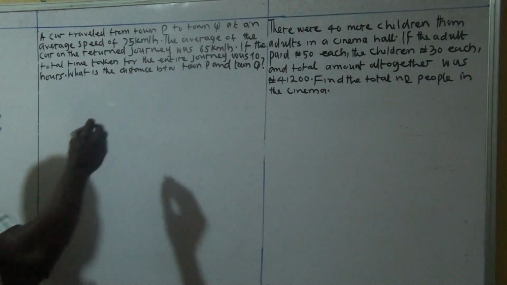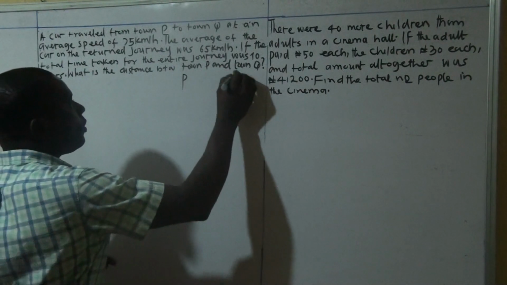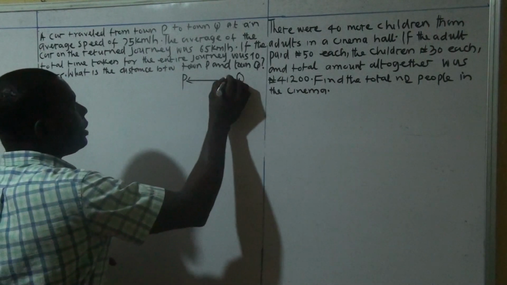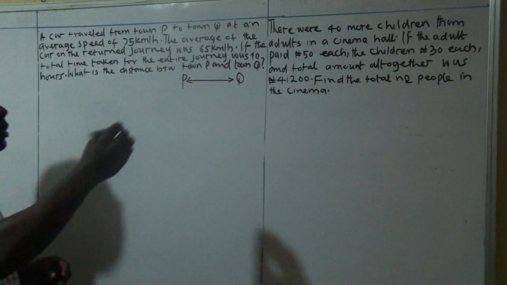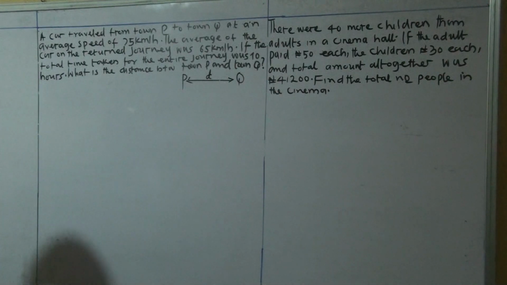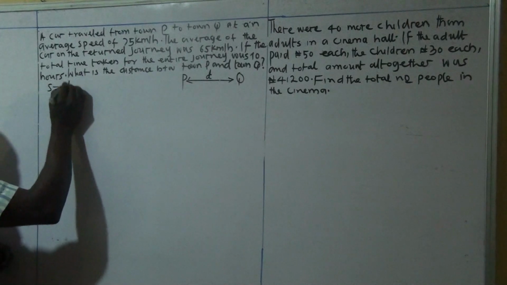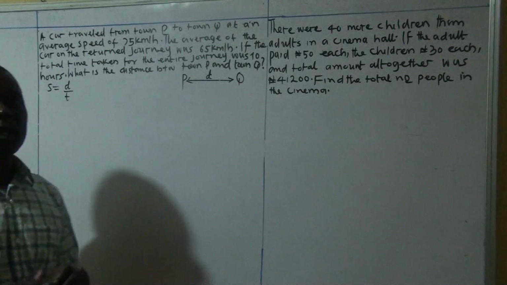Okay, we're having PQ. Let me indicate it. So here, this is the distance D. And we know that speed in the first place is distance travelled over the time taken.